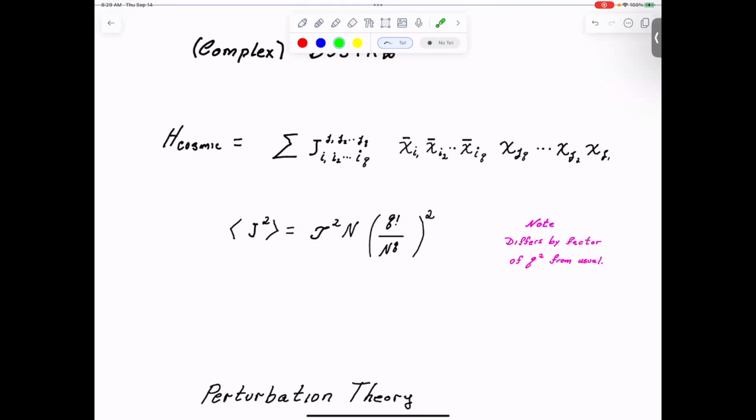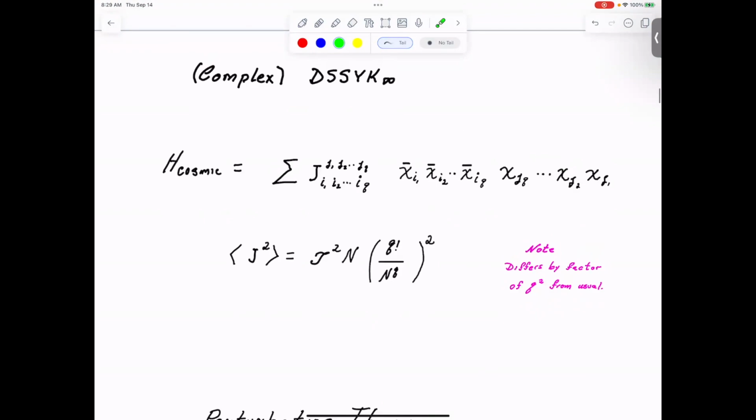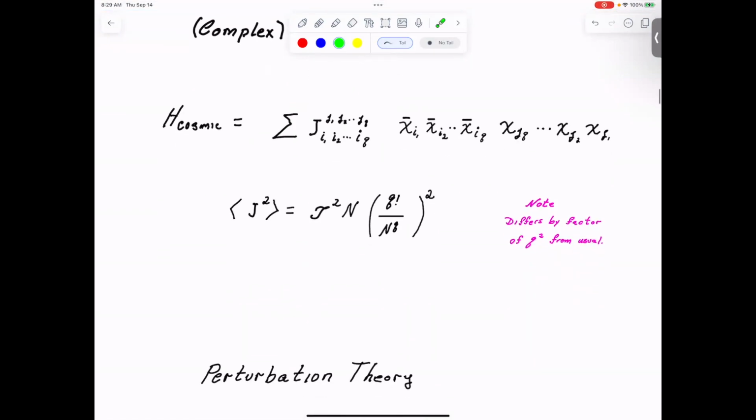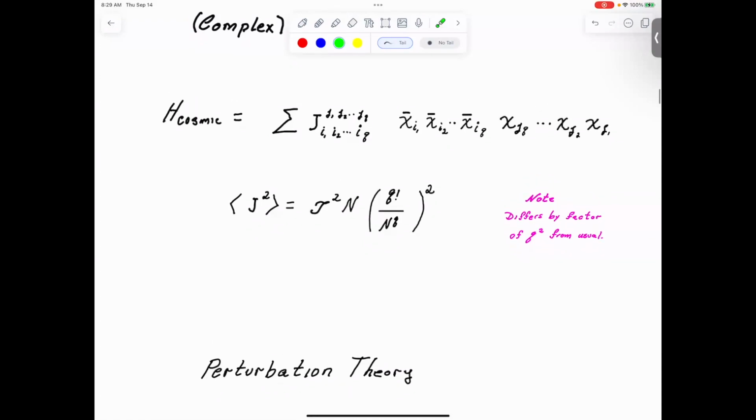Okay, let's talk about what we mean by DSSYK infinity, and I'm going to consider the complex version of it. The complex version means that the fermions are complex fermions, Q species of complex fermions, 2Q species of real fermions. The Hamiltonian, you've seen it before. It's a simple generalization of the Hamiltonian of the usual real SYK system.